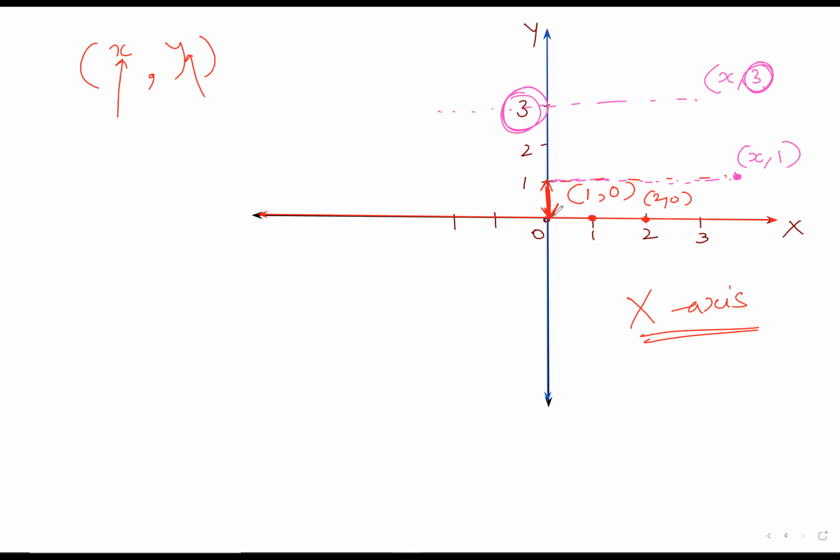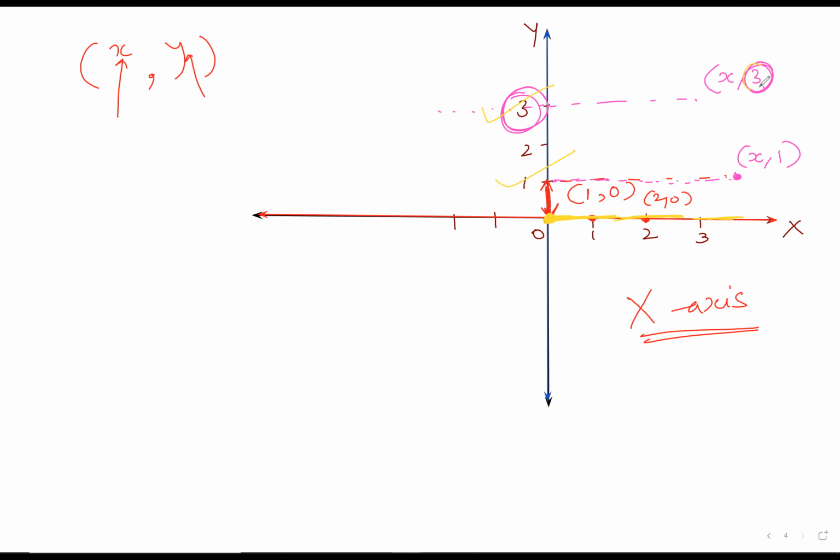But if something lies over here at this level, which floor are we on when we're talking about the y-axis? We're on the 0th floor, right? Here we were on the first floor, here we were on the 3rd floor. But now when it comes to the y-axis, we're on floor number 0. So y has no value here.